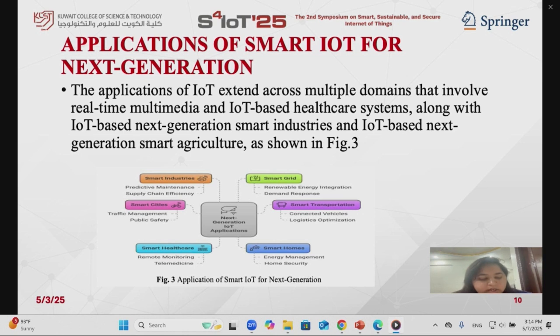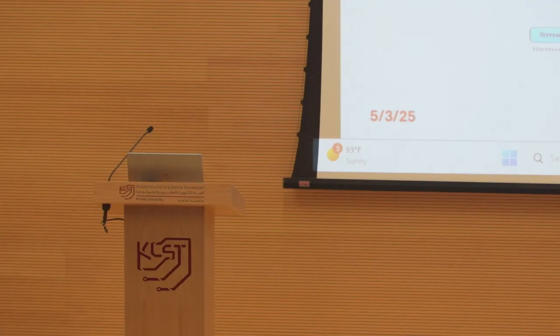Then the next application is smart cities. In the smart city, IoT systems have enabled the creation of specific arrangements that are used directly or indirectly to establish the relationship between various applications for smart cities, etc.